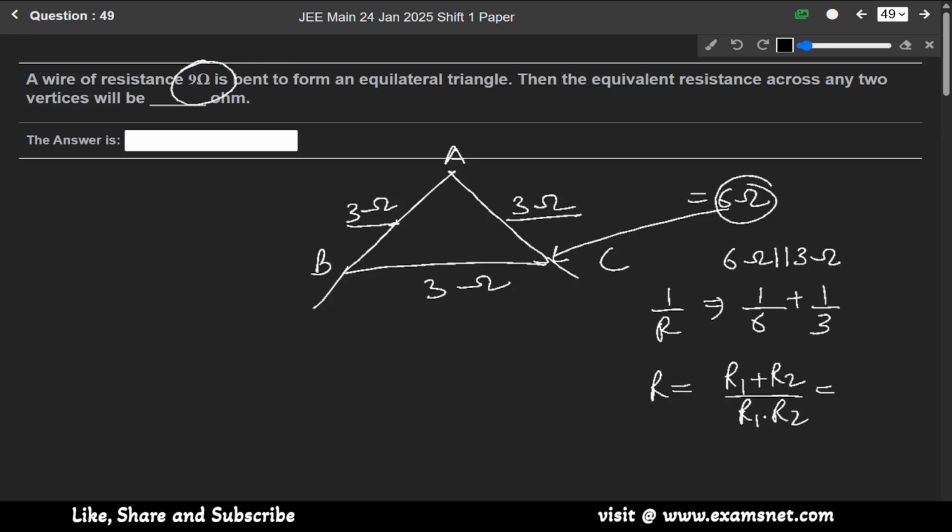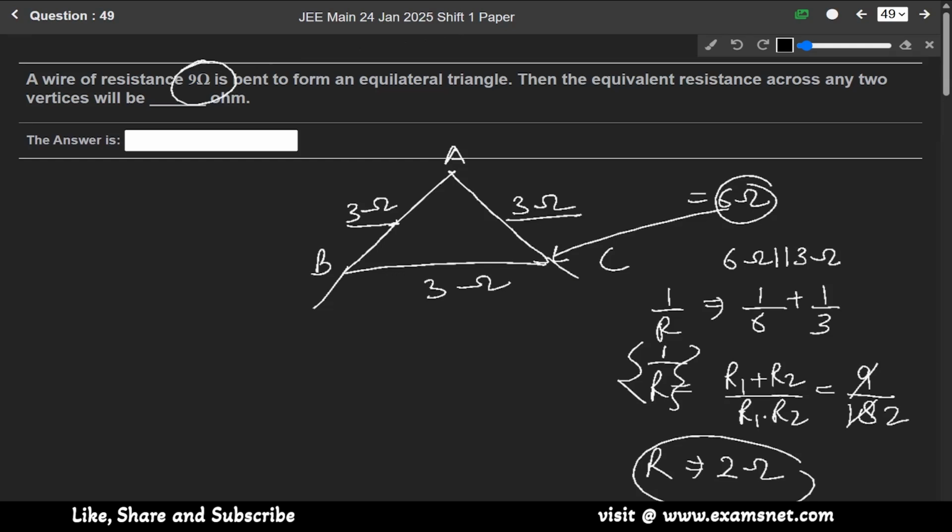So it will be 6 into 3 over 9, which is 18 over 9. So R will be 2 ohm. So our answer is 2 ohm.